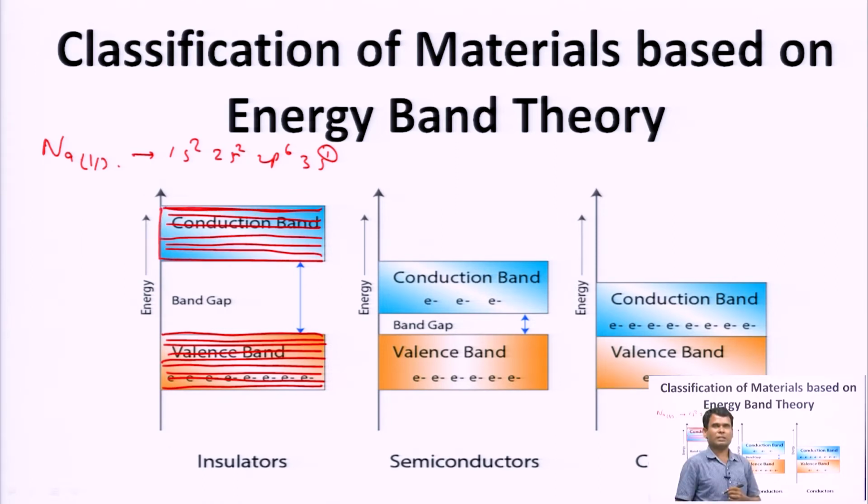And there is some energy gap between the conduction band and valence band. This energy gap is called the forbidden gap or energy gap.